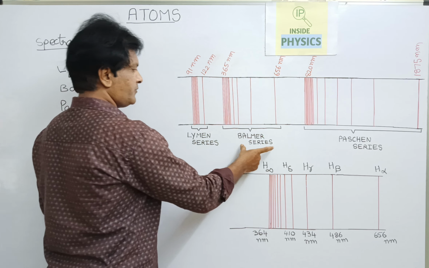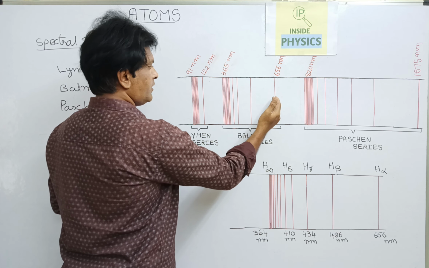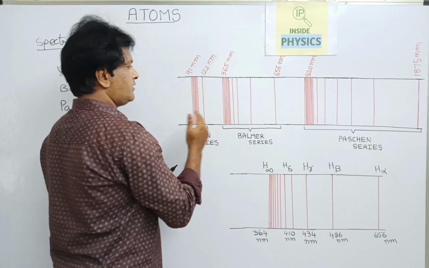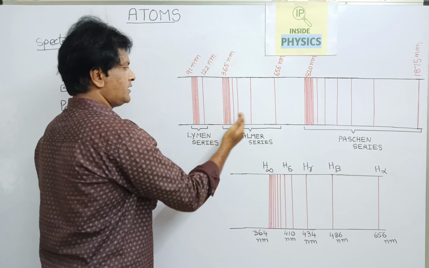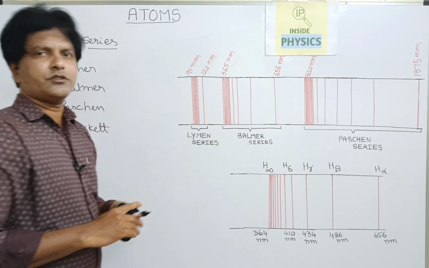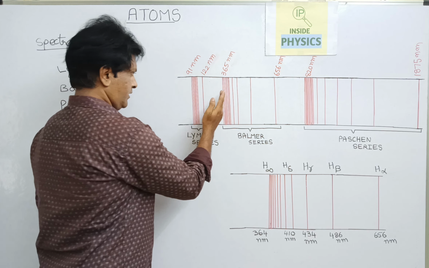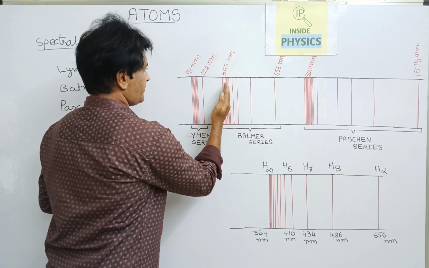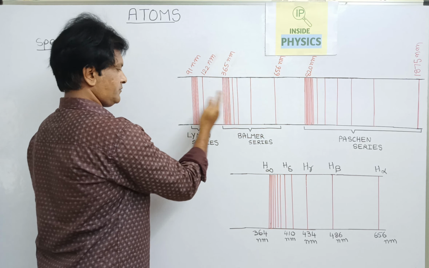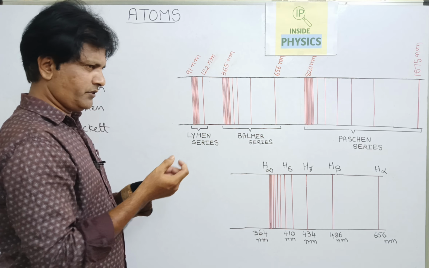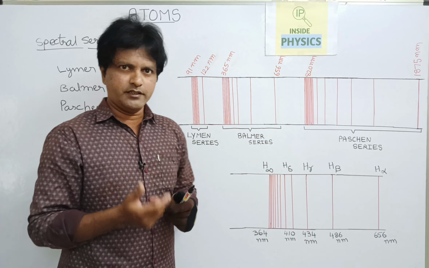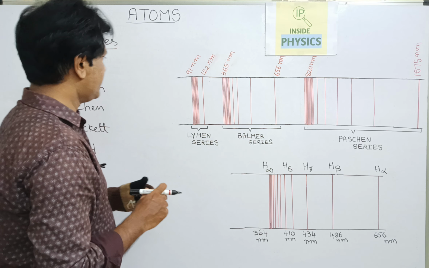Even in a series, moving from the highest wavelength to the lowest wavelength, the spacing between the lines is decreasing, and the intensity is also decreasing, and after the least wavelength there will not be any lines. There is a continuous spectrum with very feeble intensity.